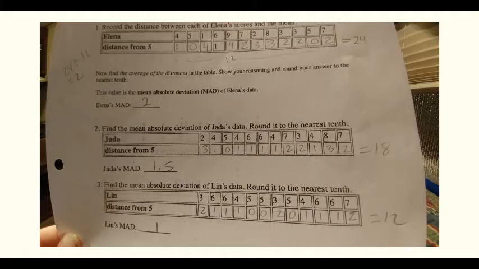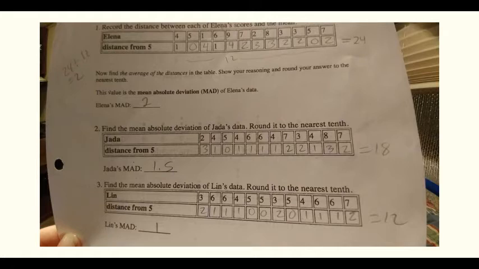So on the first girl, Elena, we record how far each number is from the average of 5. Elena's first score is 4, so the distance from 5 is 1. The second one is 5, and the distance from 5 is 0, since it's already reached it.